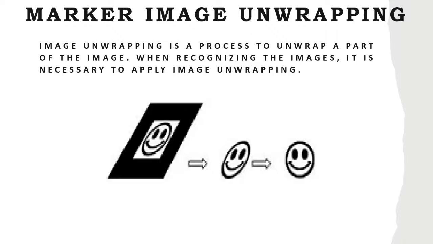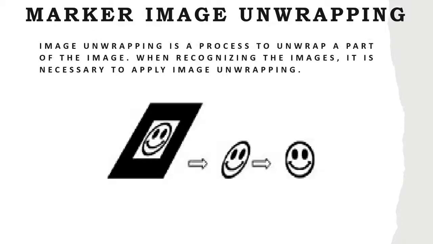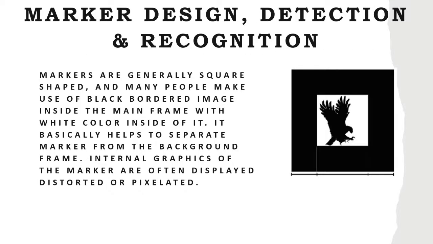The face has been unwrapped from the whole black border, and it has been positioned like this. The similar thing will happen with this bird also. This image would be unwrapped, and then it would be placed like this. This would be the main image. So this is how image unwrapping works, and image unwrapping is also a very important concept.